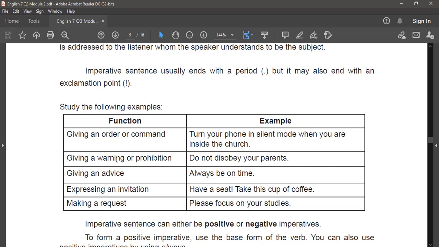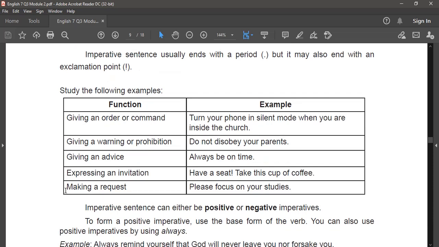So another word for warning is prohibition. Also, we use imperative sentence if you want to give advice. And we will be using imperative sentence if you want to express an invitation. You will be inviting someone. And the last one, we will be using imperative sentence in making a request.